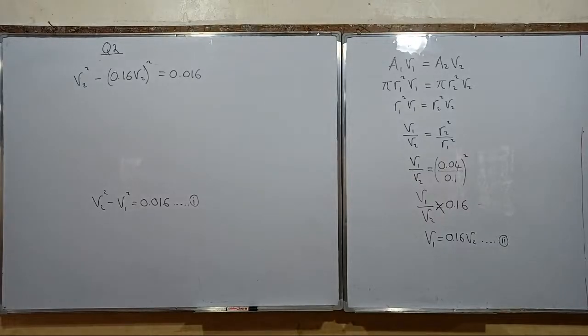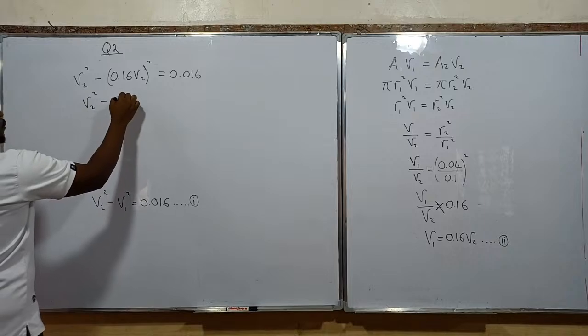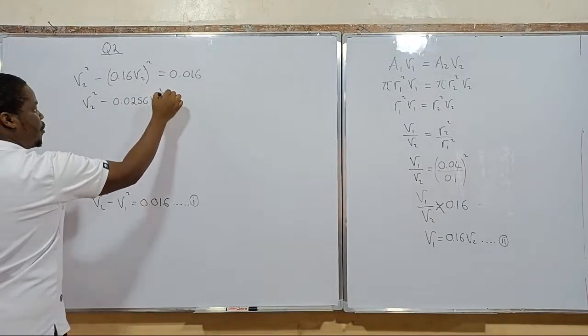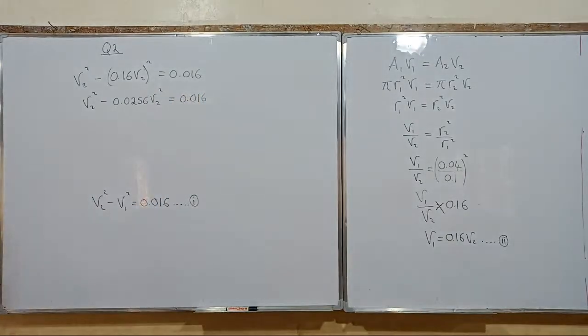It is 0.0256 V2 squared, equal to 0.016.